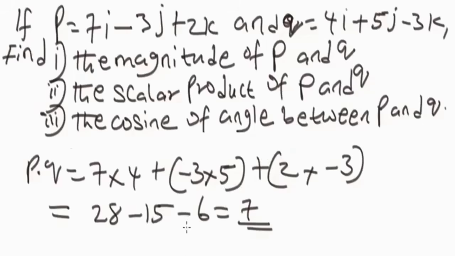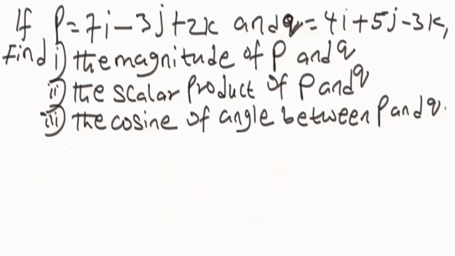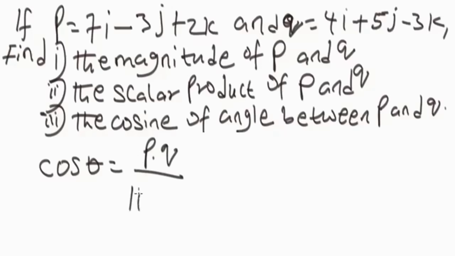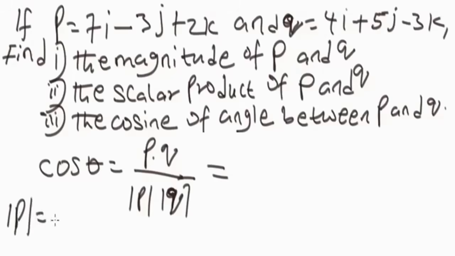Alright, so let's wipe it and solve the last question, which is the cosine of the angle between P and Q. Alright, so the cosine of the angle between vector P and Q will be cos theta equals the scalar product, that's dot product between P and Q over the magnitude of vector P times the magnitude of vector Q. So remember the magnitude of vector P, when we did it, we got it to be 7.87.